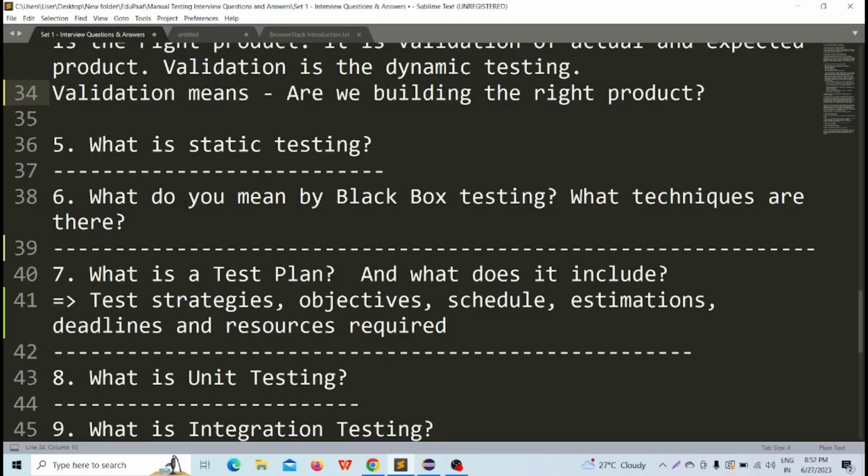Once coding is done, then what? The developer will do the white box testing. Once white box testing is done, finally the software will be given to the tester, and then the tester will start their testing by executing their unit test cases, integration test cases, and system test cases.